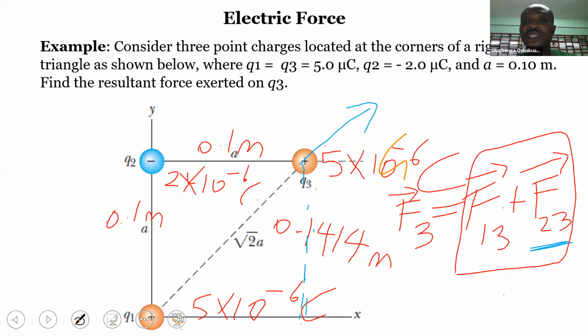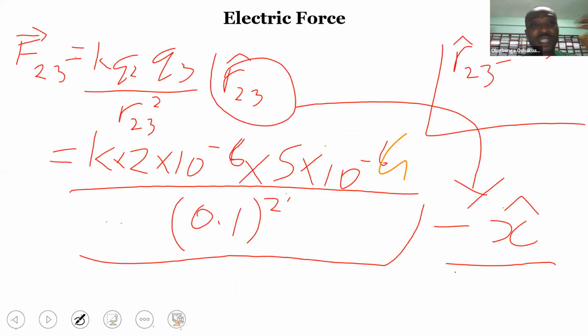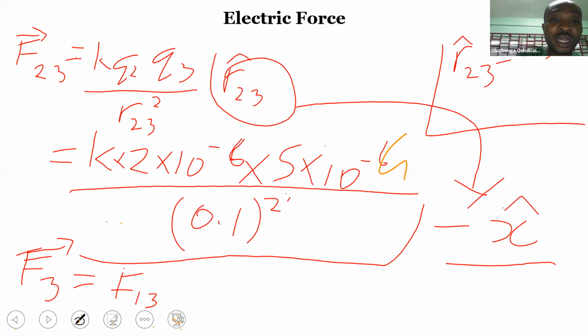If we know F13 and we know F23, then we add them together to give us F3. So you have to remember that F3 is equal to F13, the force of Q1 acting on Q3, plus F23, the force of Q2 acting on Q3.